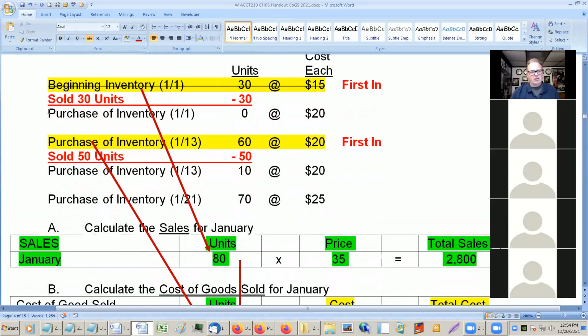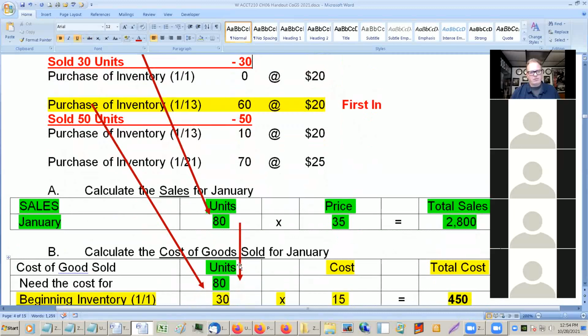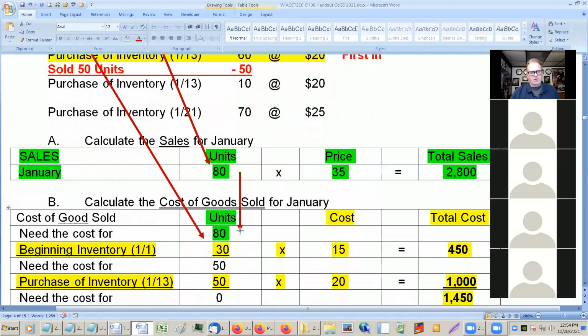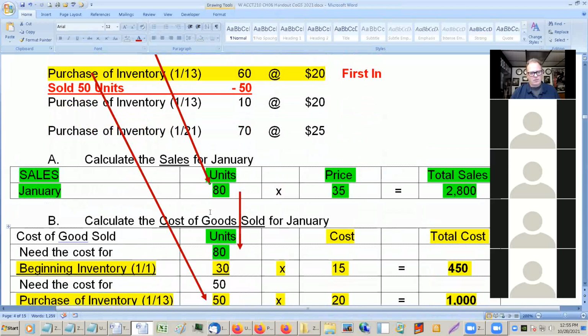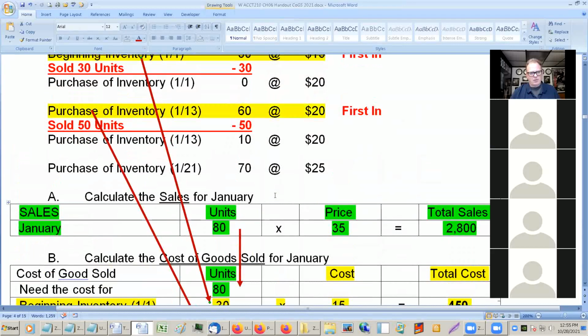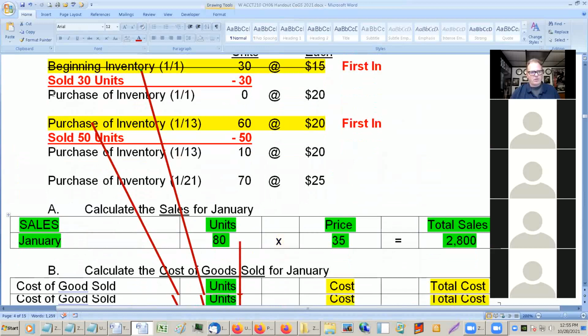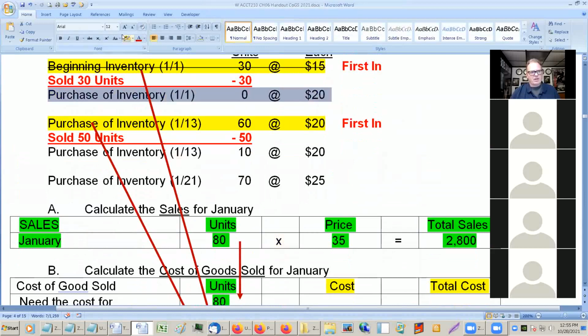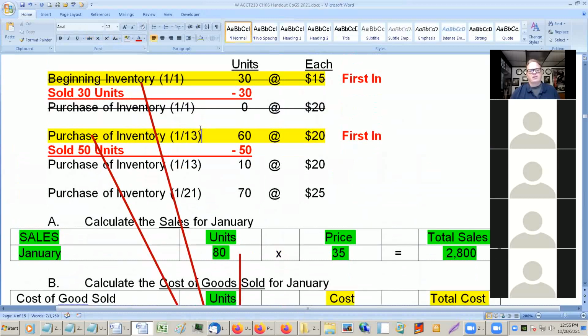So this first one is gone completely, right? There's 30 in there, we sold 30. So this inventory is, like I say, gone. There's nothing left.